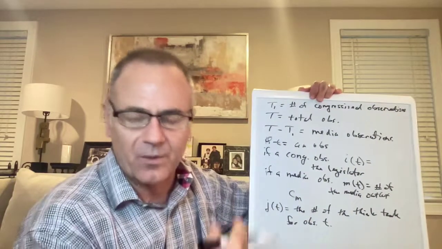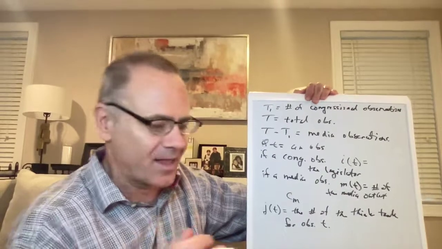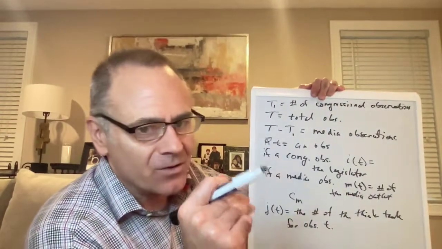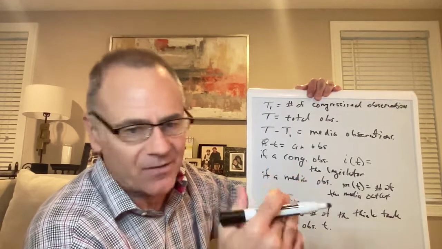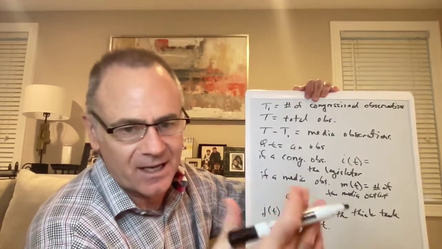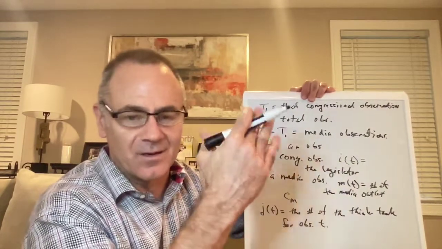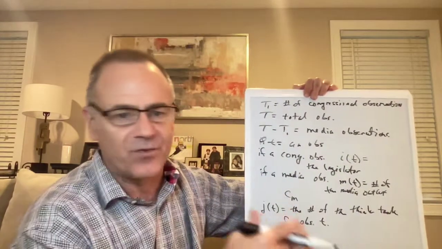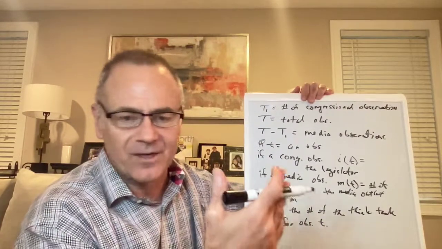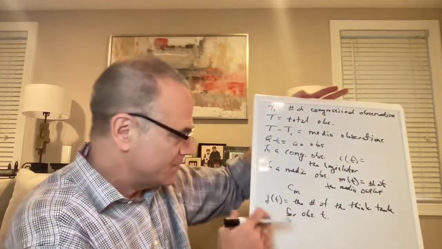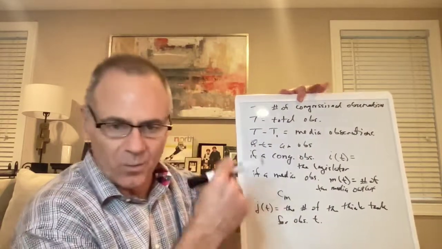Those are going to be numbered 1 to 200. There are 200 think tanks, but it turns out most of them had very, very few cites. So we diminished that. We combined a few into something called a mega think tank, and we eventually had 50 think tanks. So J of T is a number from 1 to 50.